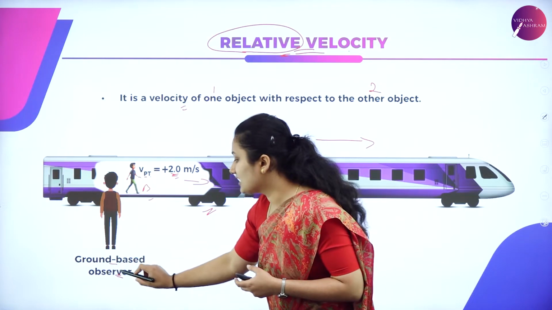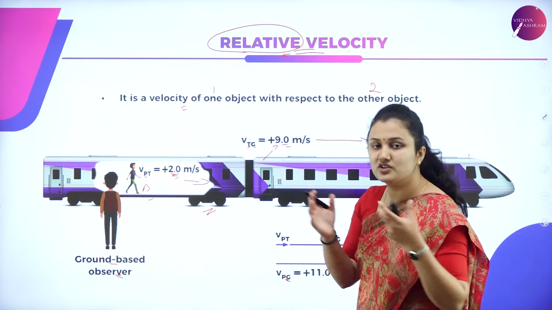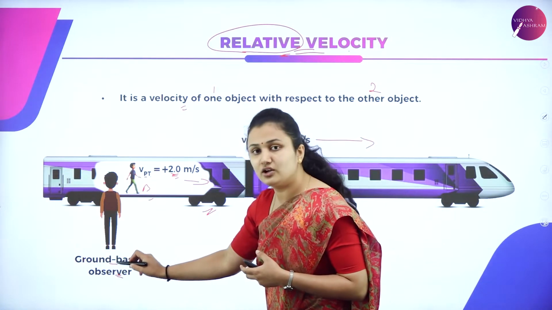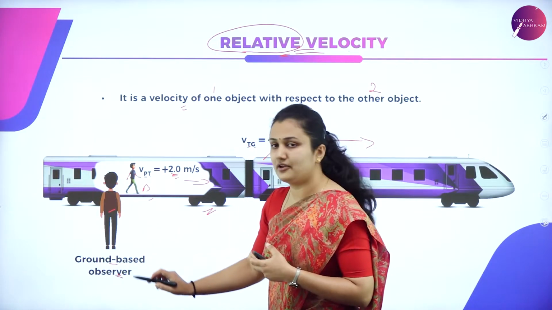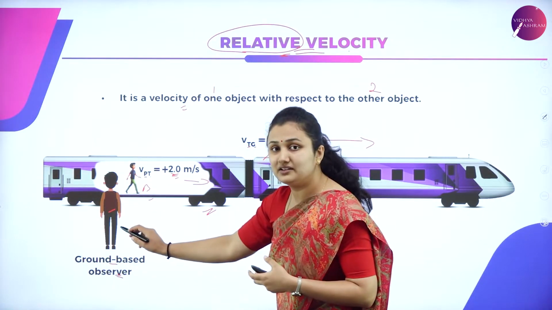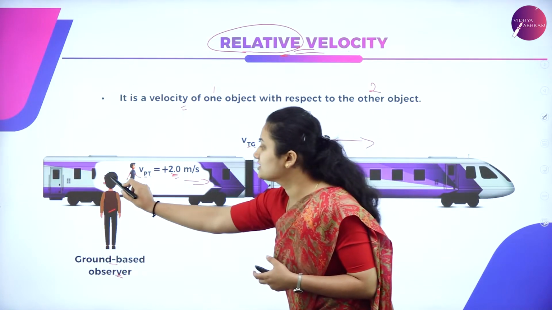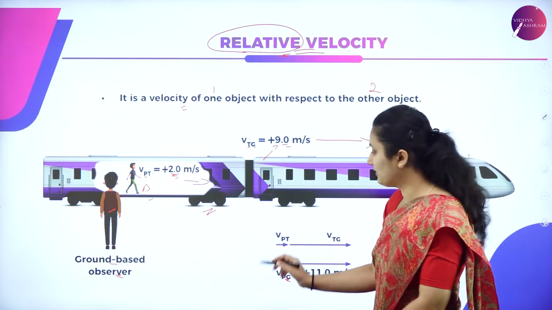A boy is standing on the ground just outside the train, on the earth, in his frame of reference. What will be the speed of the train from his point of reference is what we have to find out.